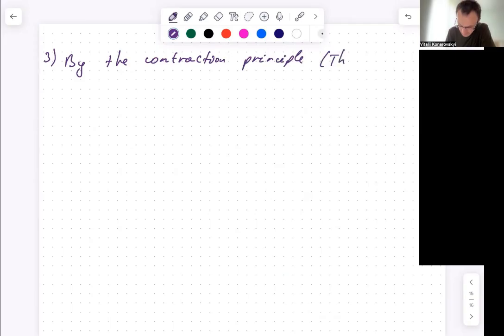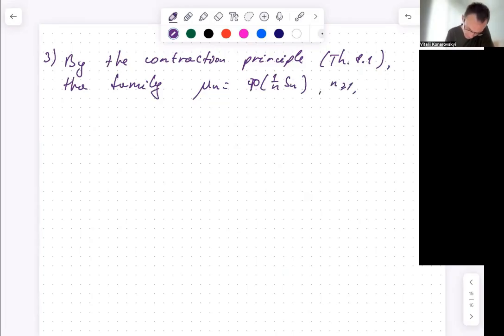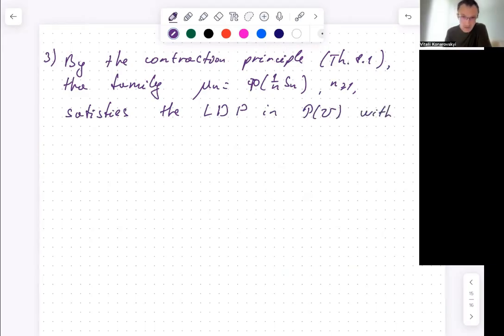It was Theorem 8.1 in the lecture notes: the family mu_n, that is phi of (1/n) S_n, satisfies the large deviation principle in the space P(U) with rate function.